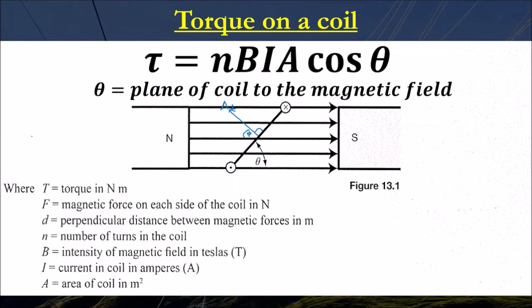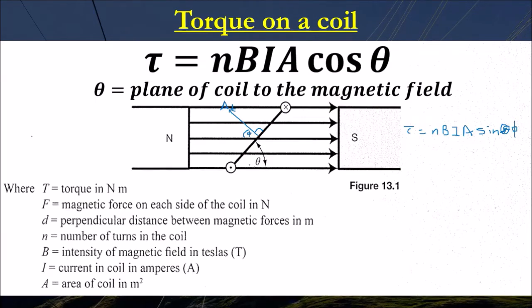If I use this angle here, that's when I use this formula: nIAB sine theta. And perhaps for some of you, you don't like to remember it in terms of where the area vector cuts the magnetic field line, and that's okay.